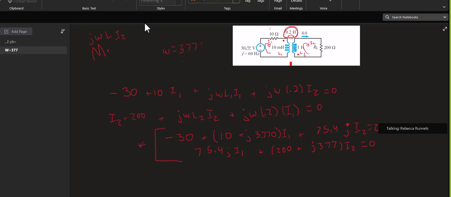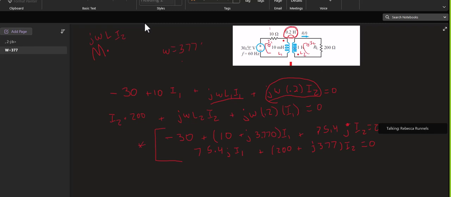So anytime you have a current going through an inductor, you get an additional impedance from other inductors that are around if they have a mutual inductance. So we got not only the self-inductance term, which was j omega L1 I1, we also got from this same inductor the mutual inductance term right here, which came from the fact that these inductors interacted with each other.